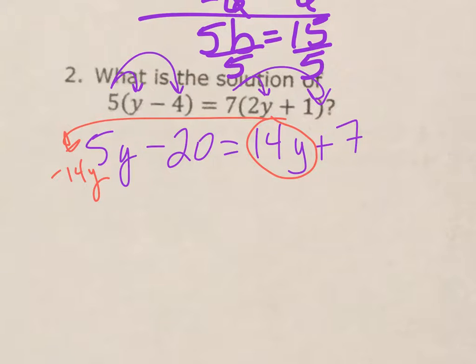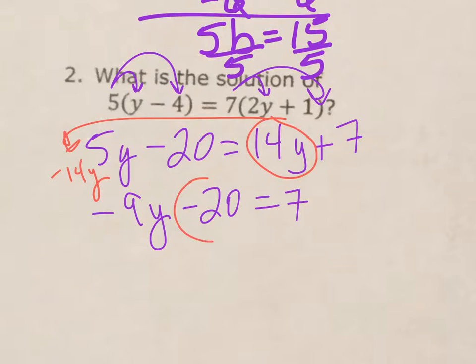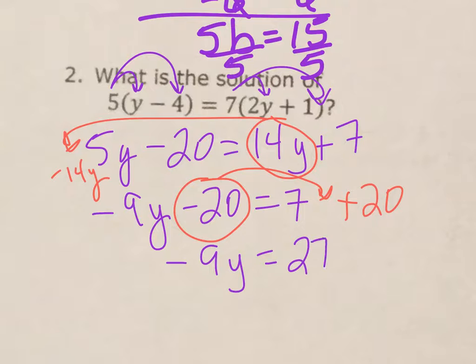Okay, so now I have negative 14 and 5 is negative 9y minus 20 equals 7. Now I need to take this negative 20, put it over here. So now it's positive 20. I'm adding 20 to both sides. So then I have negative 9y equals 27.